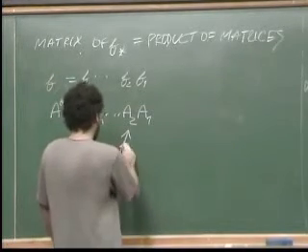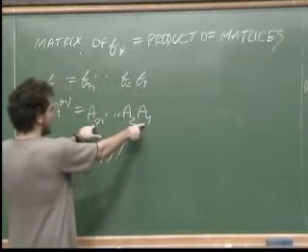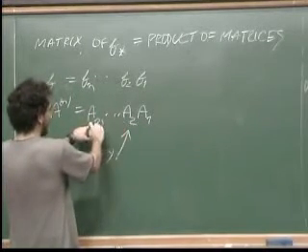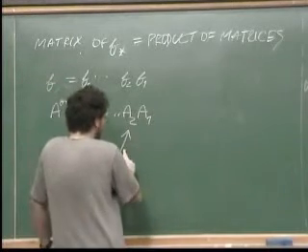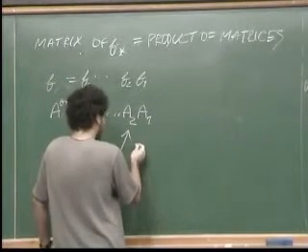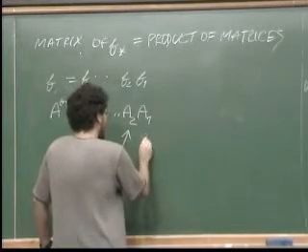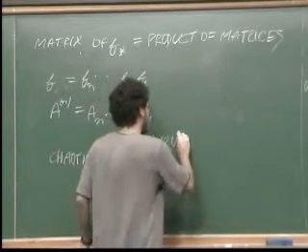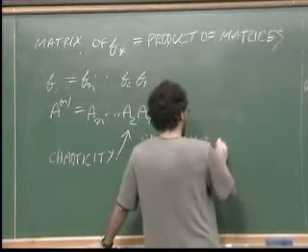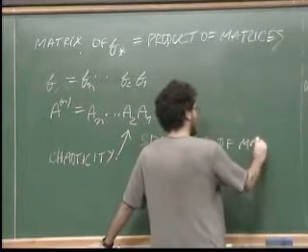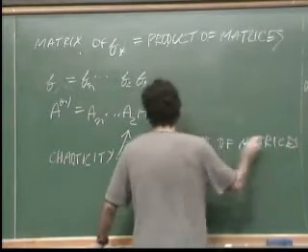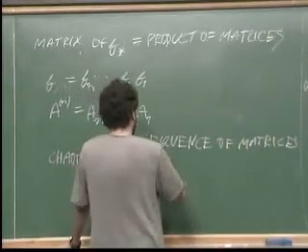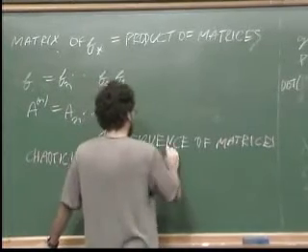But chaoticity means that it's very difficult to distinguish what you obtain in an actual random orbit from what you get at a complete random coin toss. So this means that the sequence of matrices behaves as independent.